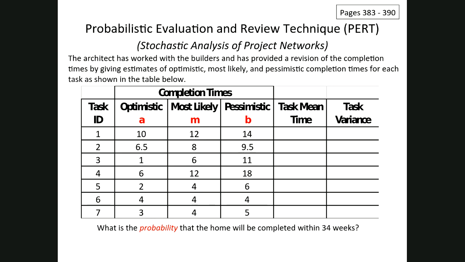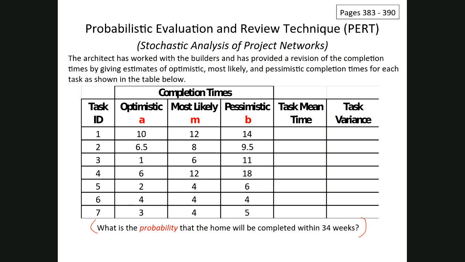And then, given this information, using the critical path method, we can begin to answer questions like, what's the probability that we can complete this home within 34 weeks? So it's a very powerful tool.